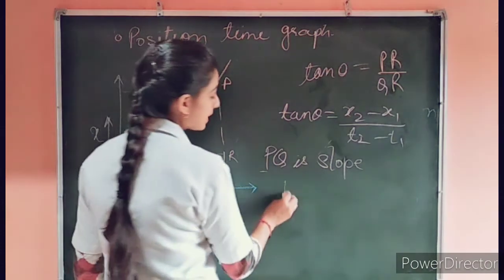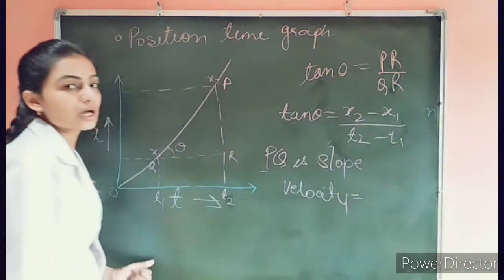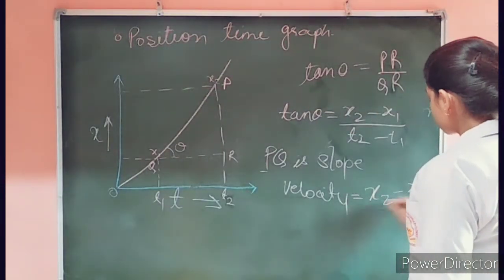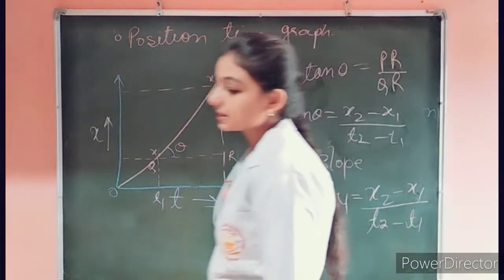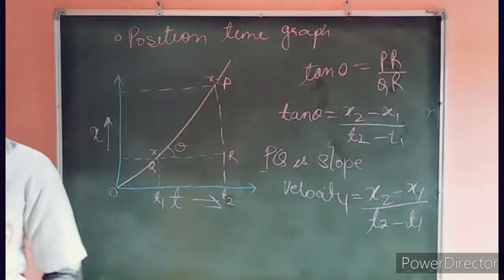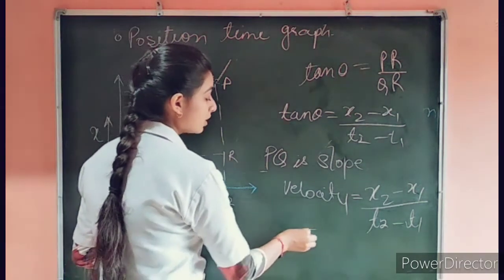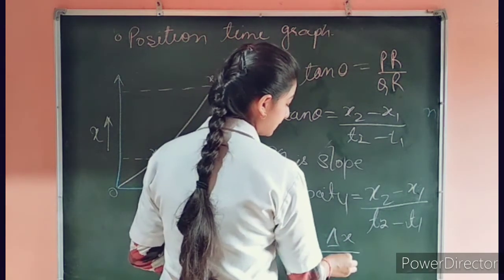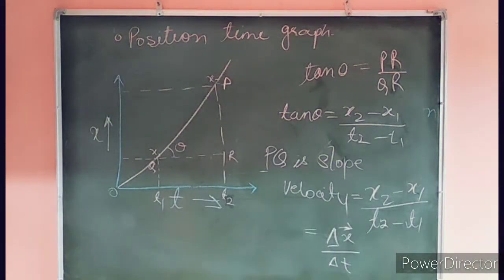Now we know that velocity is the change in position upon change in time, that is x2 minus x1 upon t2 minus t1. This is the calculation of velocity from the position time graph. If the distance is very small, then we can say del x upon del t.